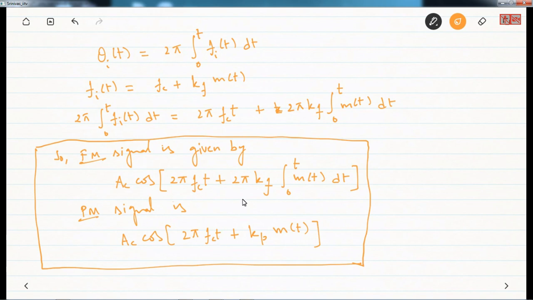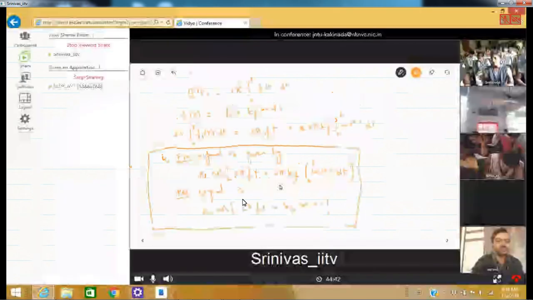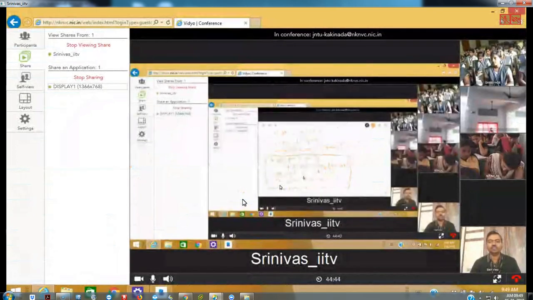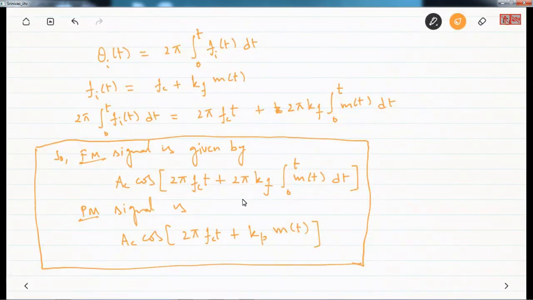Now based on these two equations, let us find out the relation between an FM and a PM signal. You carefully observe this. If I take m of t and then integrate that signal and then apply it to a PM modulator, then I get FM, frequency modulation.